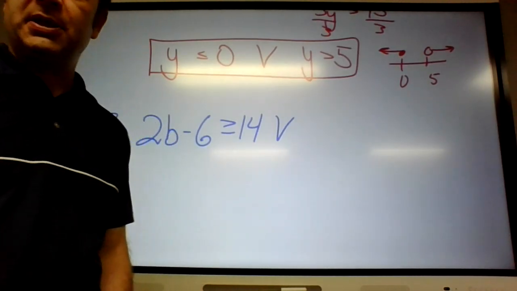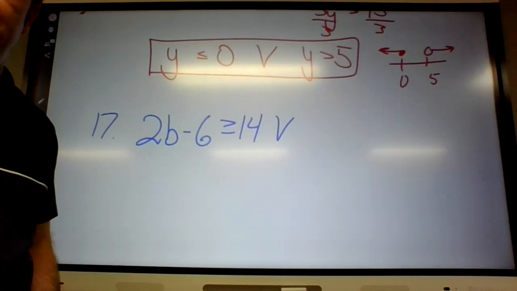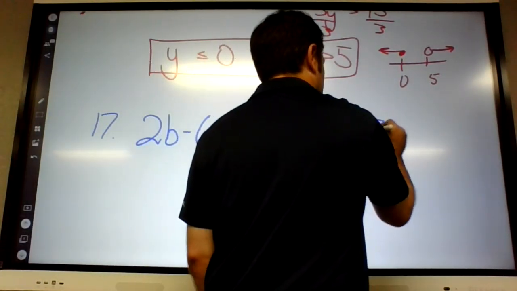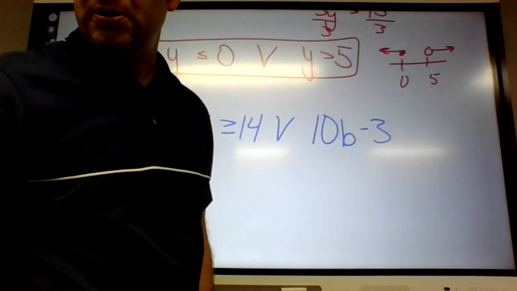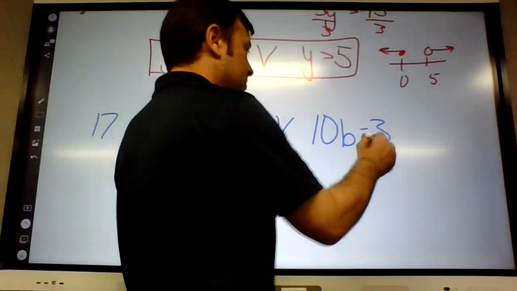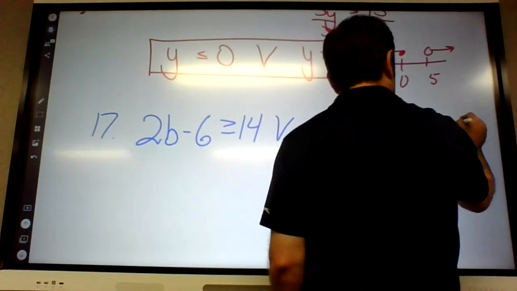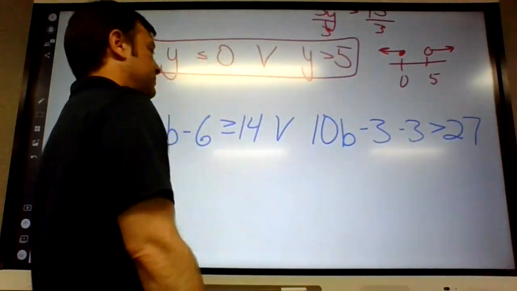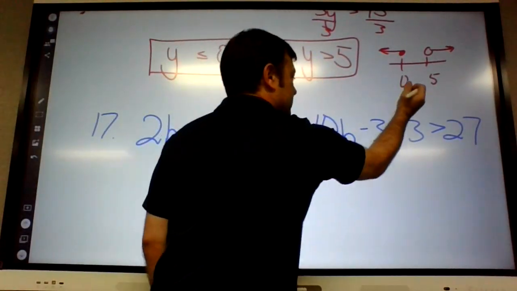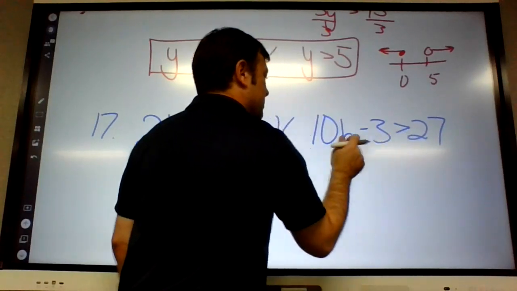Right. So instead of writing all that down, we'll just put 10b minus 3. And then what was after that? Minus 3 is greater than 27. Whoops.